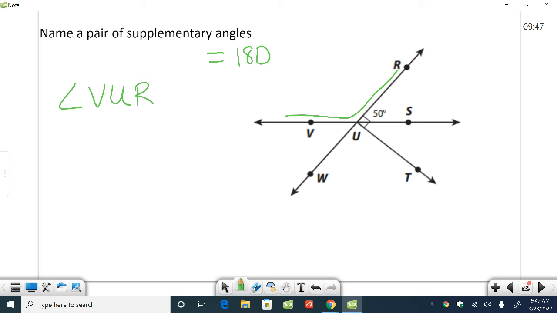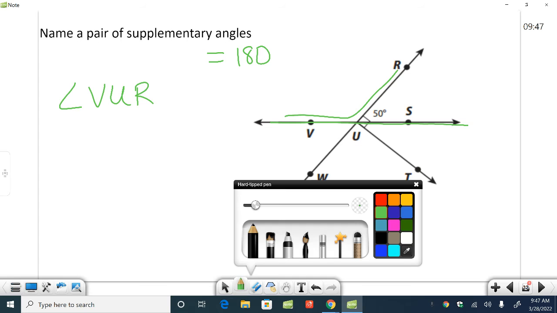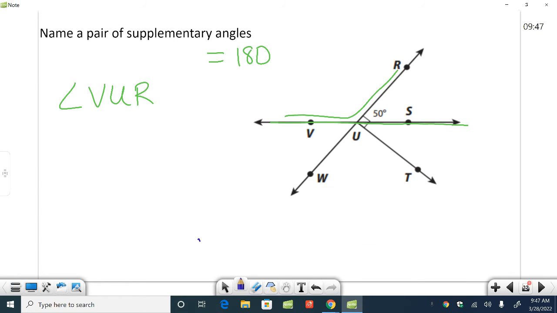Not VUS. This whole thing right here equals 180. So what part did we not use, Mason? Say that again. No. We're talking about this angle right here, VUR. What is the other part of that angle that makes 180 degrees?